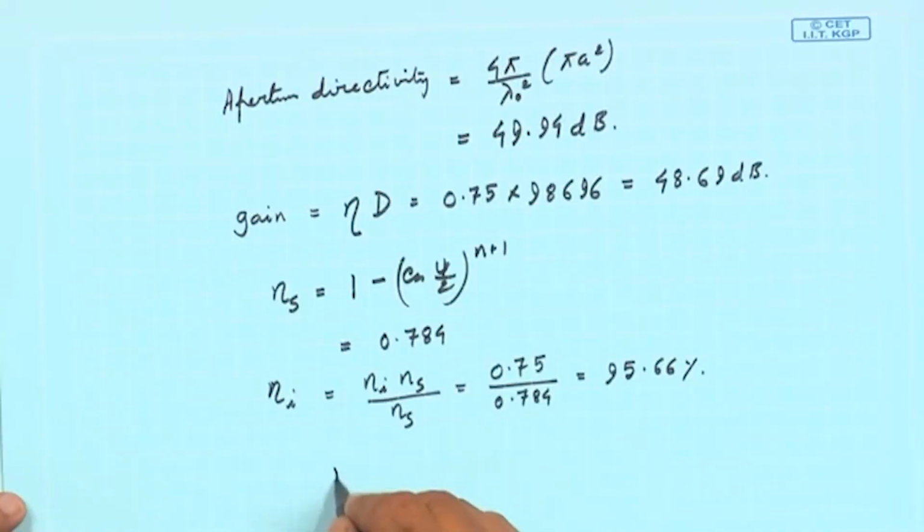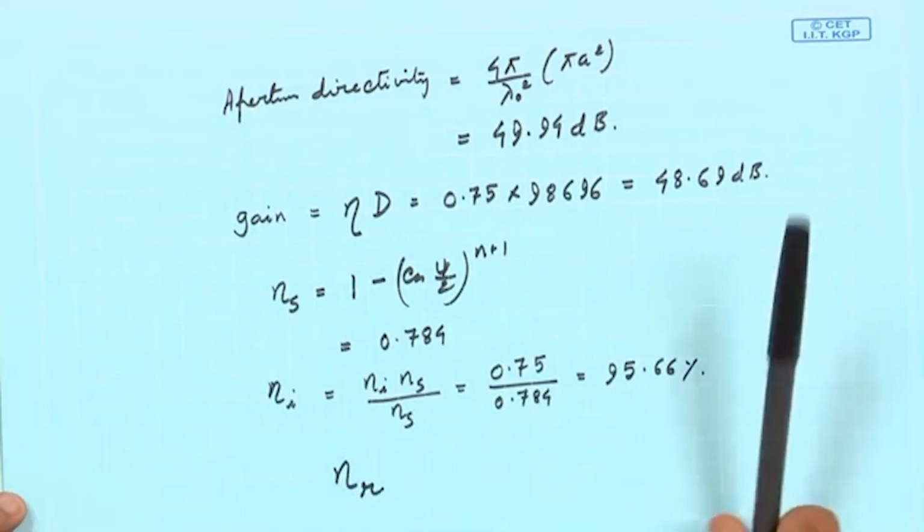Any dish antenna for fabrication, the very critical thing is the surface roughness. Actually, the random error is specified, how much surface error is there. In terms of that, people assume a random Gaussian distribution, and from that there are formulas for finding the surface roughness. So, that efficiency is called eta r.